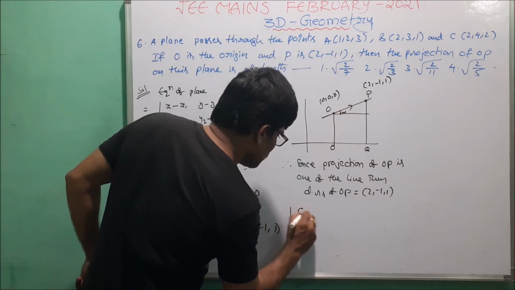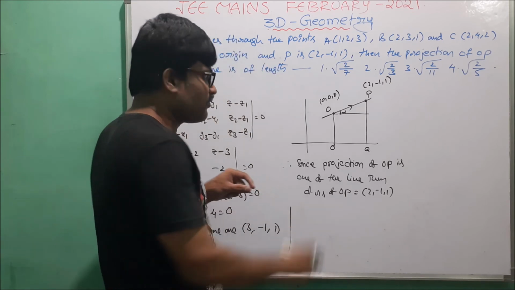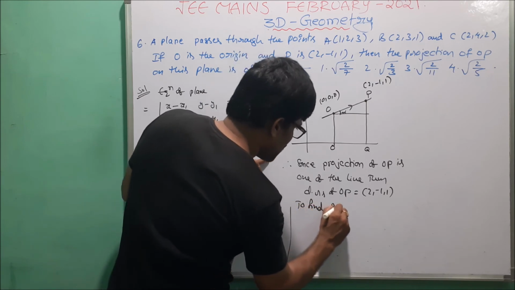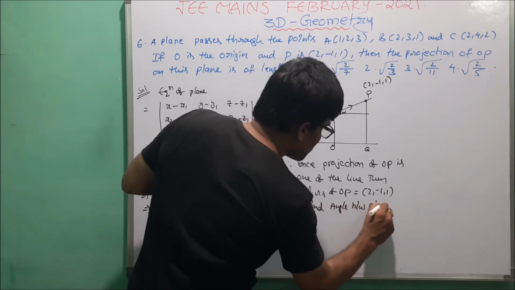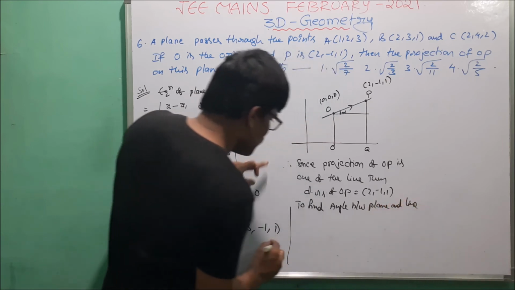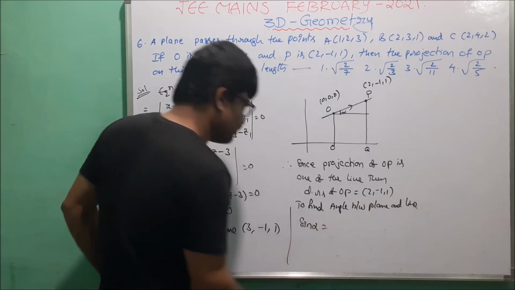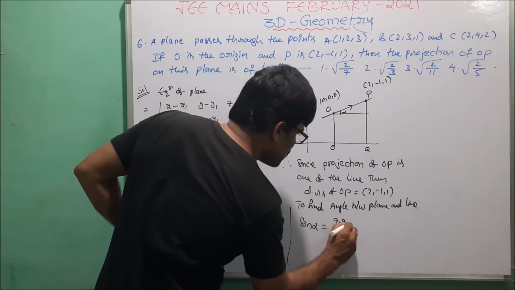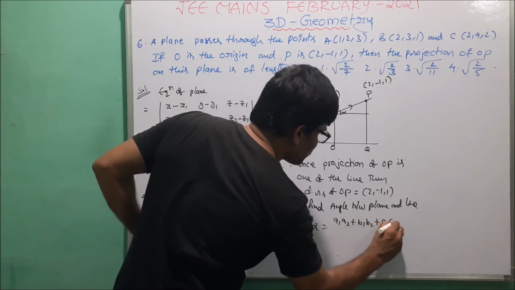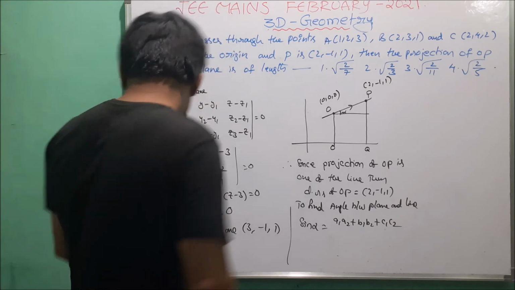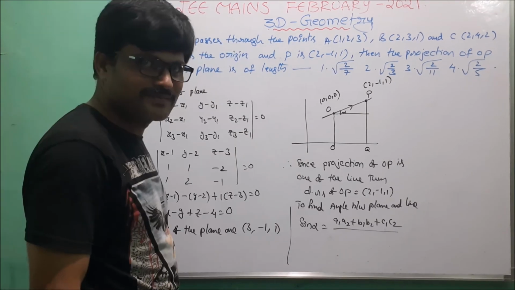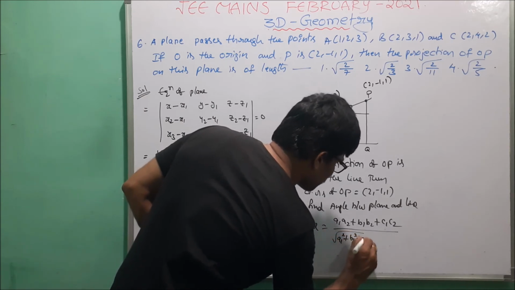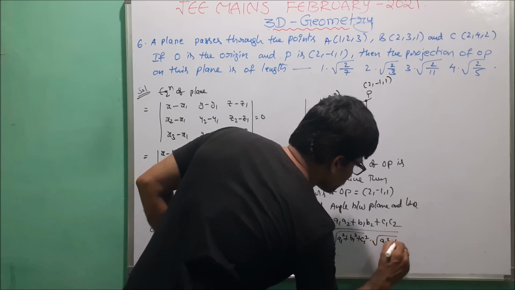To find the angle between plane and line, using the formula, sin alpha equals modulus of a1 a2 plus b1 b2 plus c1 c2 divided by square root of a1 square plus b1 square plus c1 square into square root of a2 square plus b2 square plus c2 square.